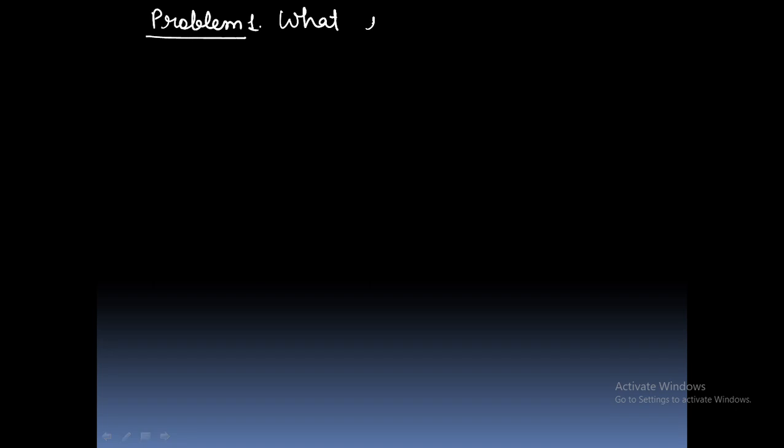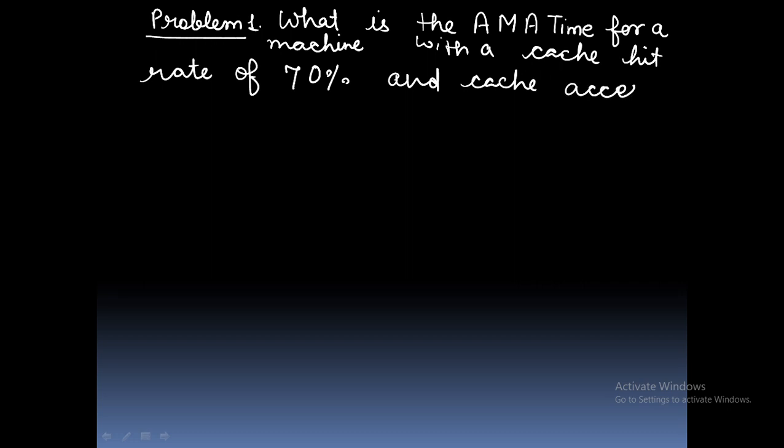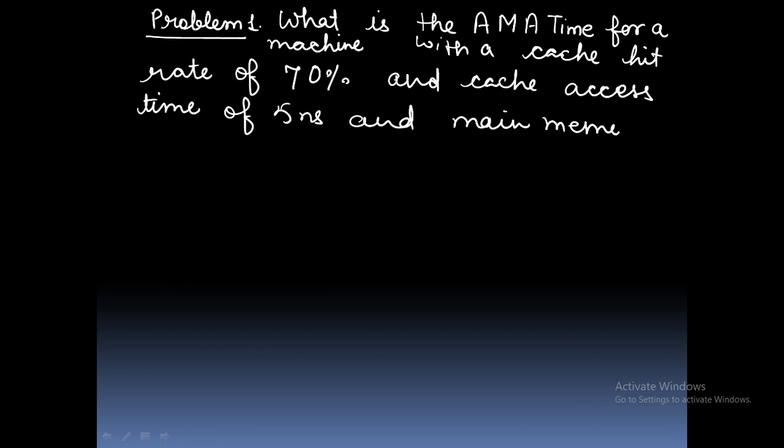What is the average memory access time for a machine with a cache hit rate of 70% and cache access time of 5 nanoseconds and main memory access time of 100 nanoseconds?